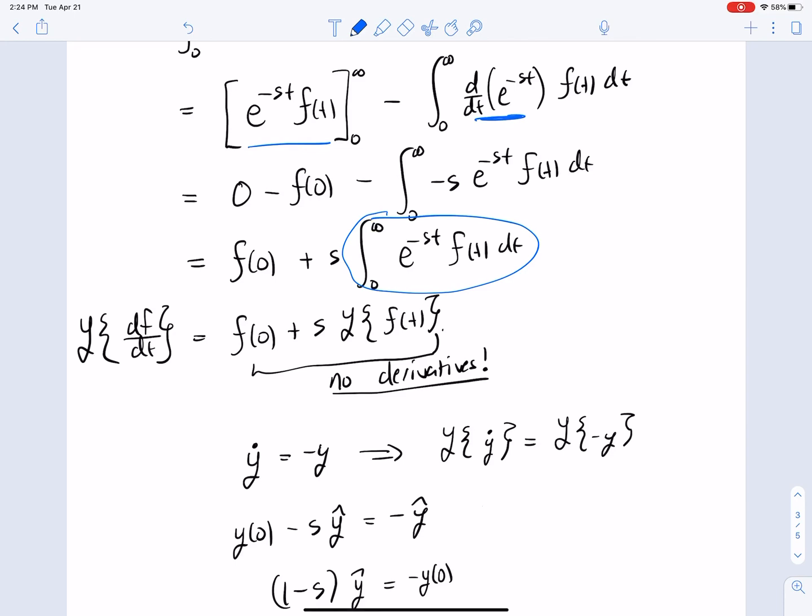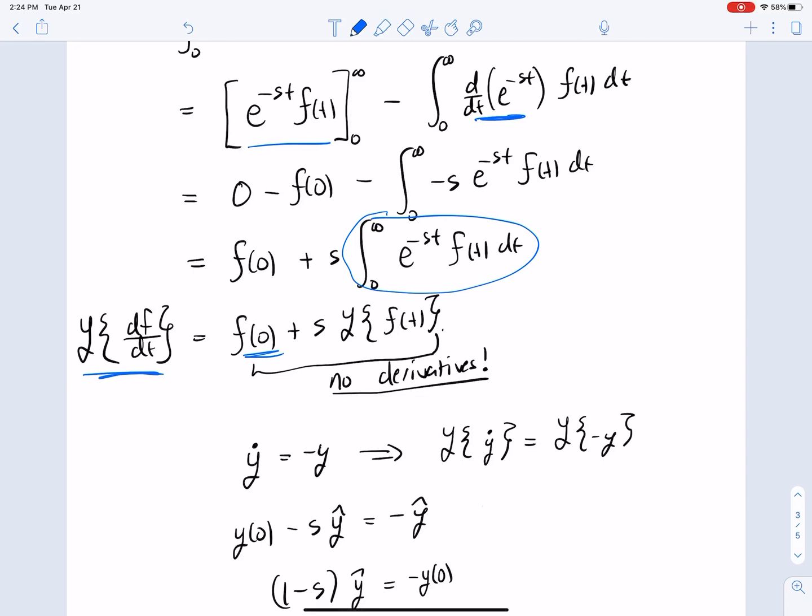I mean, that's just the definition that we wrote at the top of the notes. So this tells me that the Laplace transform of a derivative is minus the function evaluated at 0 plus s times the Laplace transform of f of t. So somehow the derivative has disappeared in passing through this.